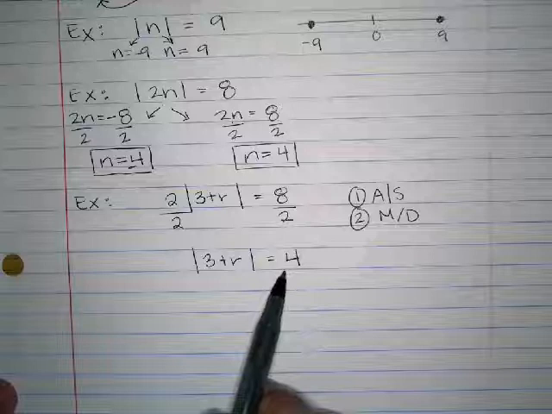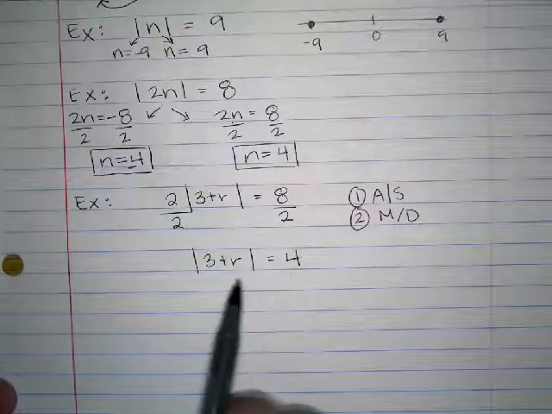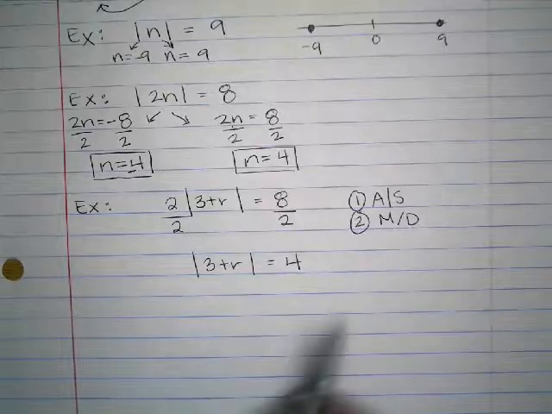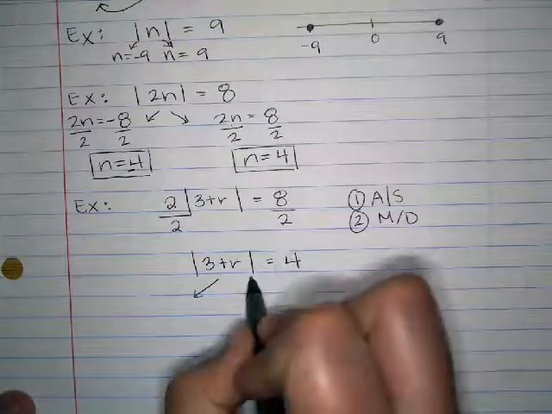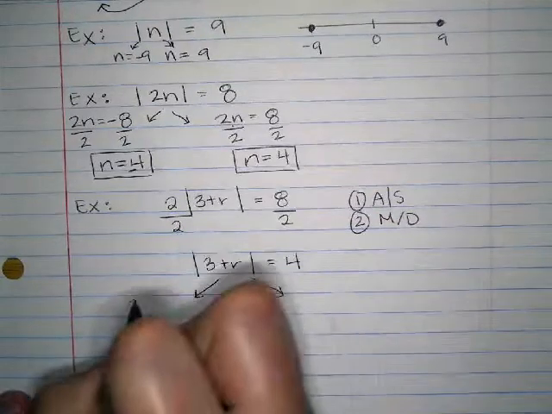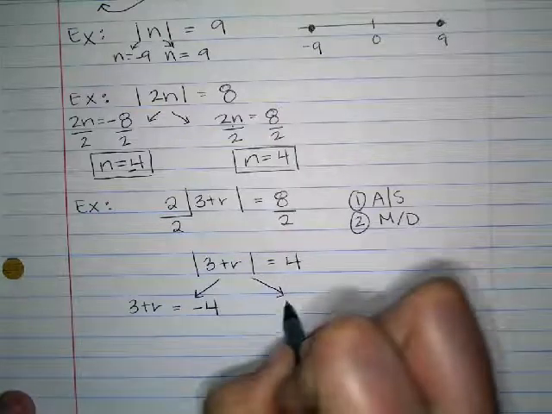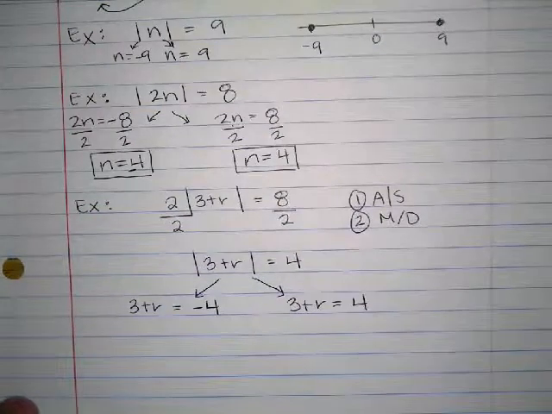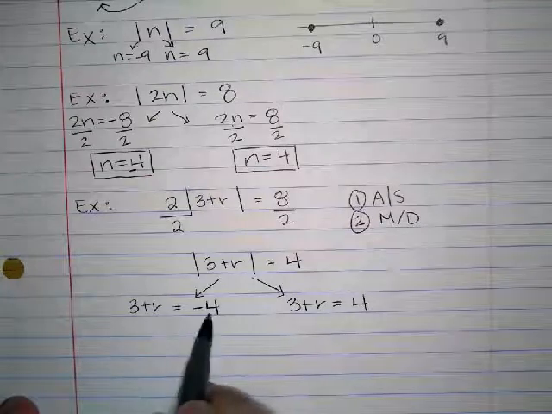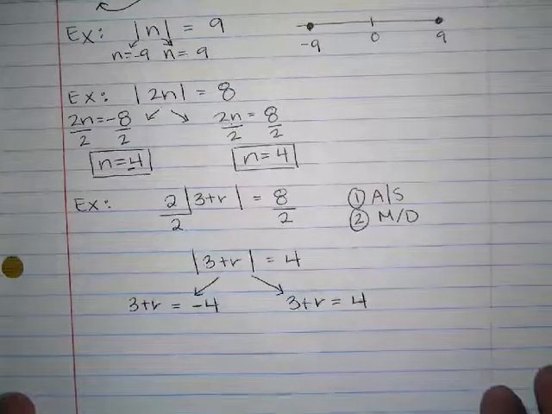Yeah, okay, so when we see that our answer is reasonable, that's when we say, okay, let's keep going, and we have 2 options. 3 plus r could have been to the left, or 3 plus r could have been to the right. I set it up for both situations.